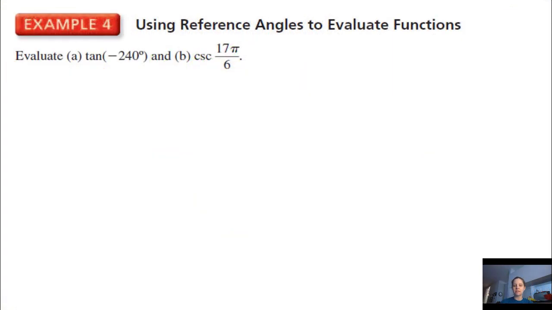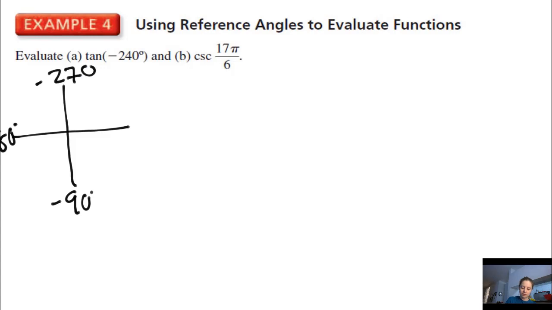Example 4, using reference angles to evaluate functions. Evaluate tangent of negative 240 degrees. Let's use those 3 steps. First step is to find the reference angle theta prime. For this, I need to draw a picture. Negative 240 degrees is clockwise. You know, it's somewhere in quadrant 2.